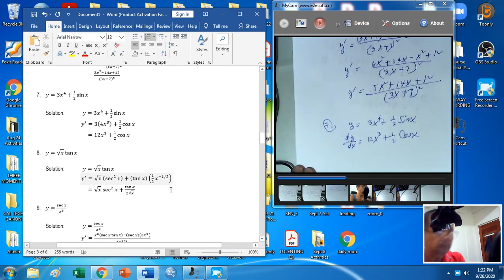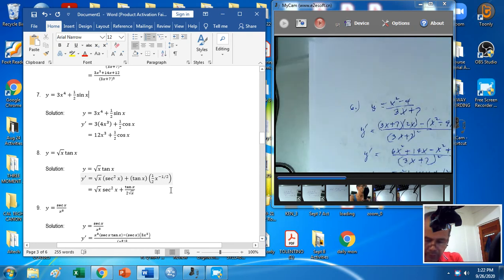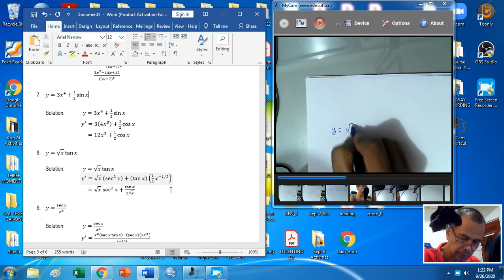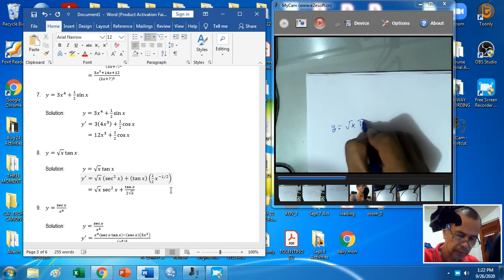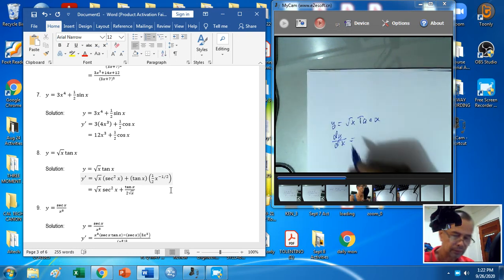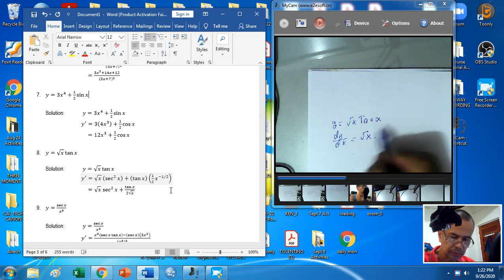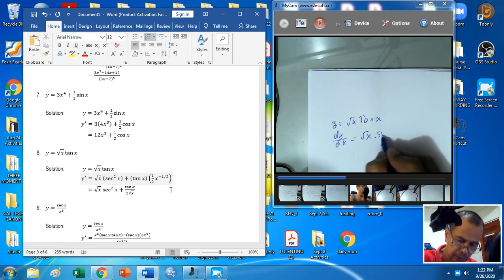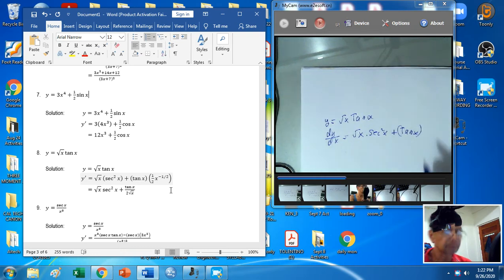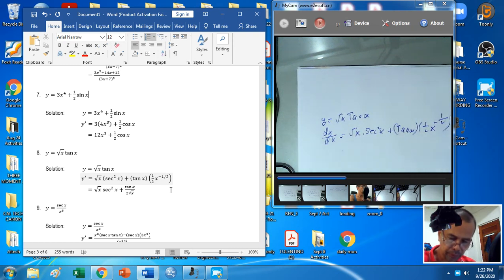Okay, number 8. Let's do this one, number 8. Y is square root of x tangent x. So, dy/dx, the derivative of a product. Let's start with square root of x times the derivative of tangent x. That is secant squared x, plus tangent x times the derivative of square root of x, that is 1/2 x to the negative 1/2.